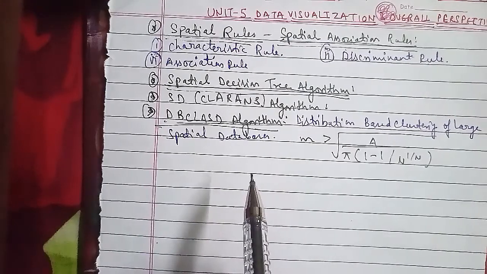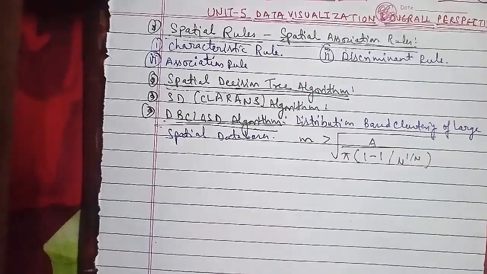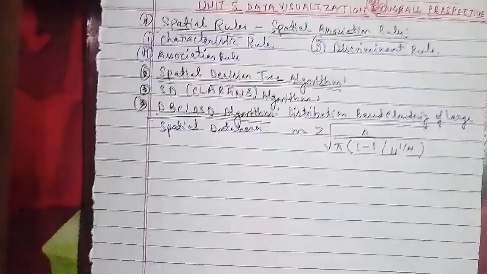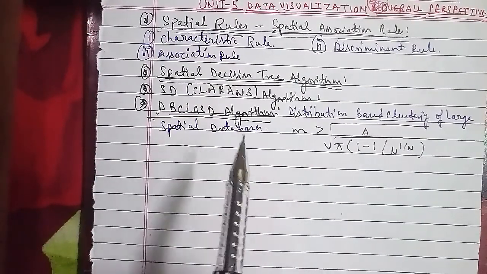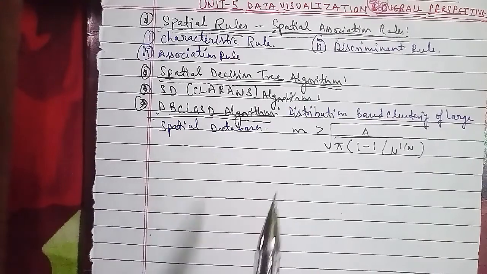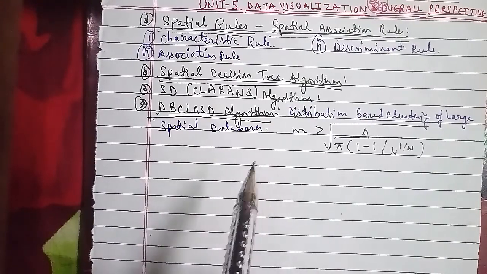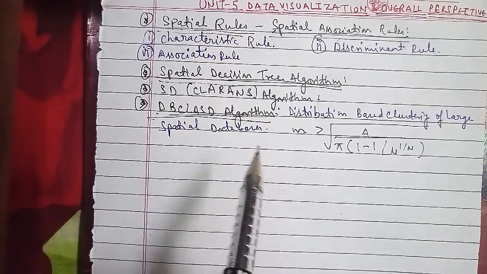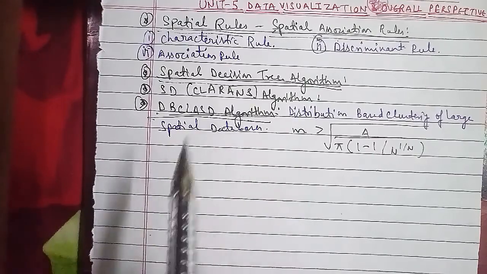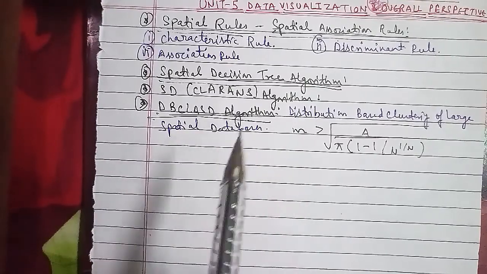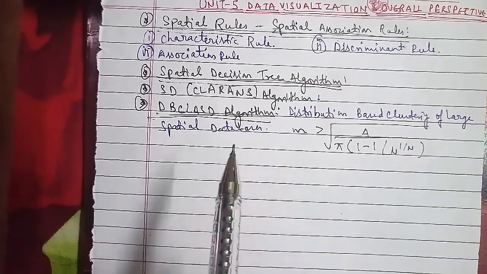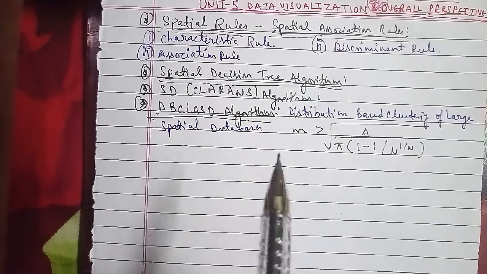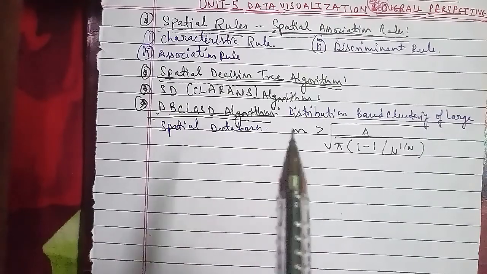Now we'll go ahead with the algorithm. The input is capital D, the spatial objects to be clustered, and the output is K, a set of clusters. The DBCLASD algorithm: small k equals 0, so initially there are no clusters, and small c equals empty, which initializes the set of candidates to be empty.